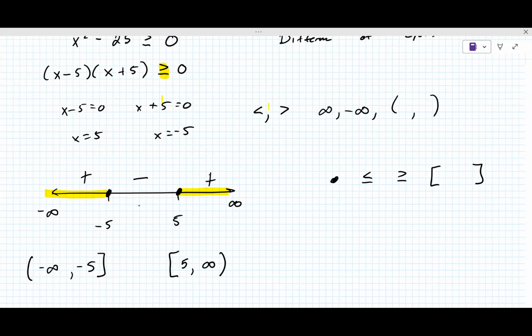And then, because there are two regions, you typically put what's called a union operator in between there. Like that. All right, we'll move on to part C, apply your knowledge.